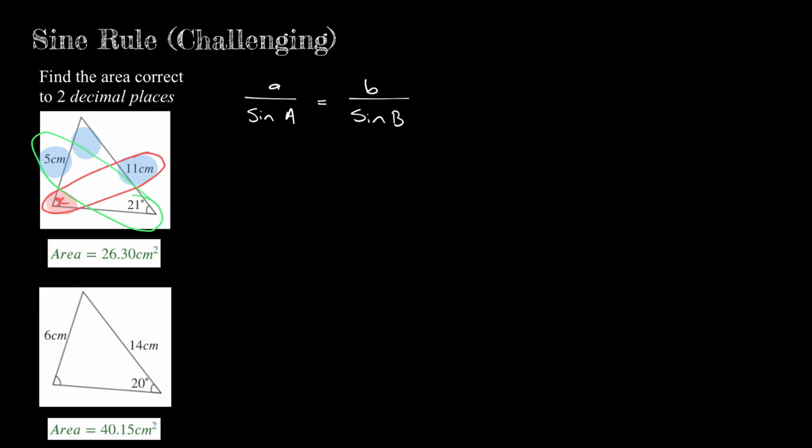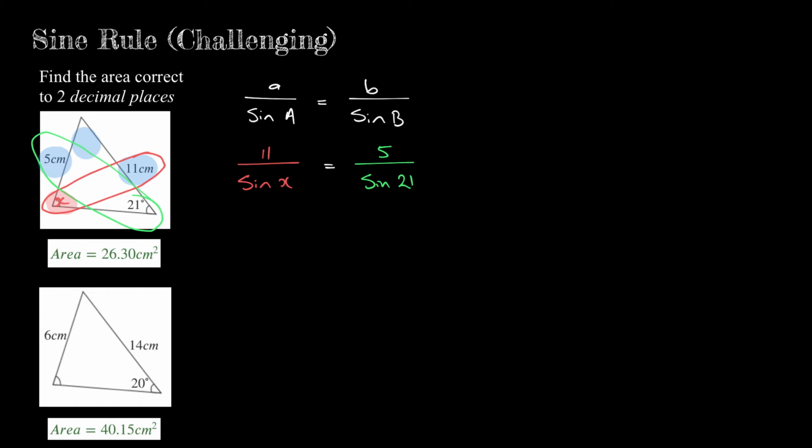So we can say the side, which is 11, over sine of the angle, which in this case is sine of x, is equal to the green ones, which is the side 5 over sine of 21. So it'll be 5 over sine of 21.